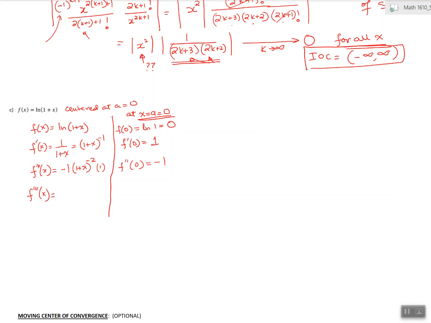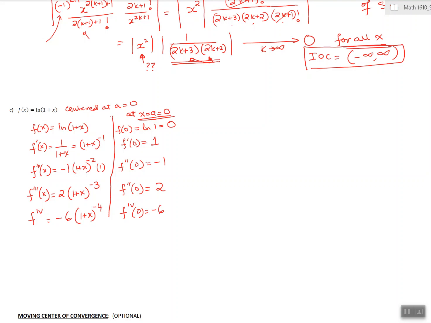So negative 2 comes in front, so it becomes 2, 1 plus x raised to the power negative 3. So the third derivative at 0 is 2. Let's do one more. The fourth derivative would be minus 6 times 1 plus x to the power negative 4. So the fourth derivative at 0 is negative 6.